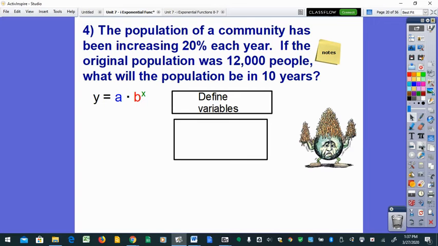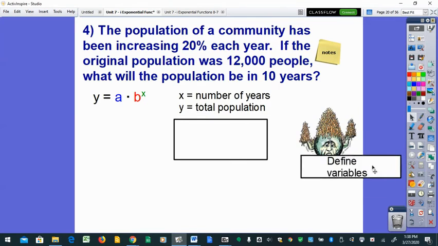I just want to go back and remind you that it's not all about money. Back in September, we also talked about populations growing. So here, the population of a community has been increasing 20% each year. If the original population was 12,000 people, what will the population be in 10 years? We're going to define our variable as x being the number of years, y being the total population.